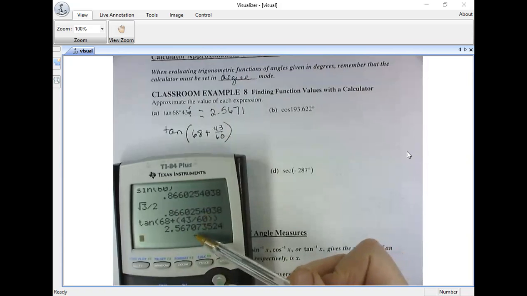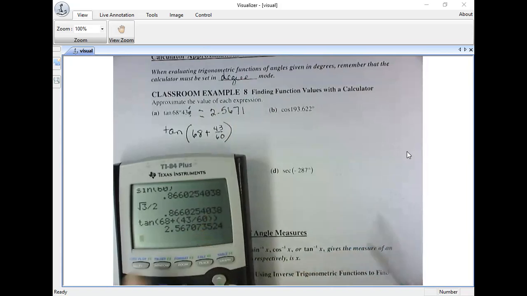If I'm going 4 places to the right of the decimal, it's the digit after that that tells me whether I need to round up or drop off. If I round up, it's because this digit has to be what? 5 or greater. As long as it's 5 or greater, I'll round up. If it is something that is less than 5, then I'll just drop off the extra digits.